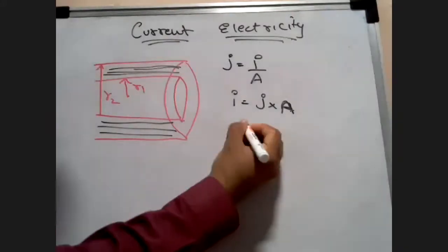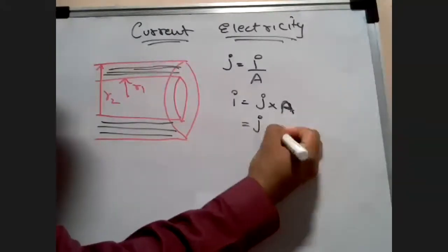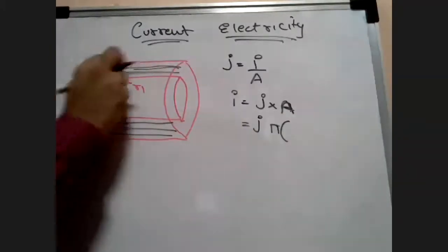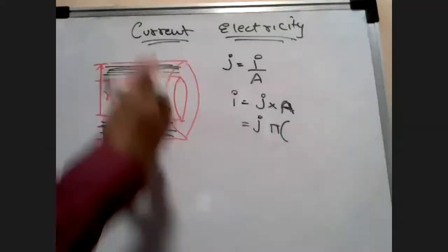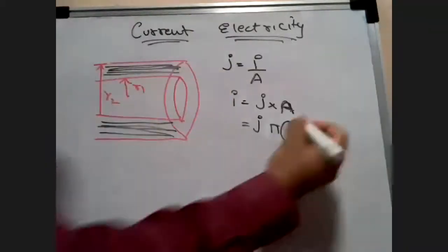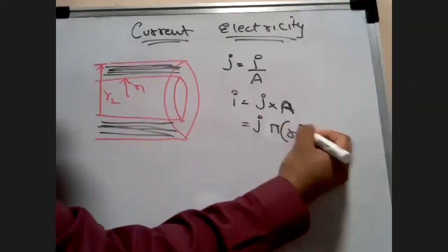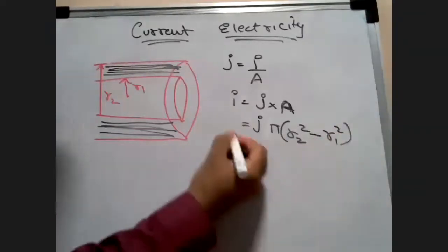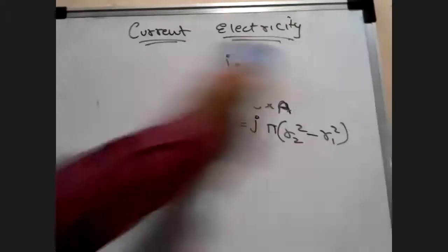So I can write it is going to be J into pi r square, but only of the outer ring, so it will be the difference of the radii: r2 square minus r1 square. So this is going to be your current through a cylindrical shell. Okay, clear? Yes, sir. Okay, let's go to another question.